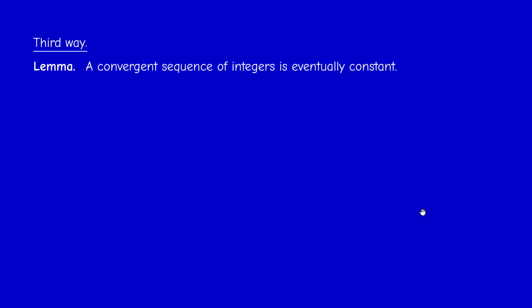What do I mean by that? It means that starting from a certain rank, the sequence stops. It becomes equal to its limit. This is a very particular kind of convergence. Why do we have that? So we prove this lemma, if you like. You probably encountered this before, and it's intuitively clear.